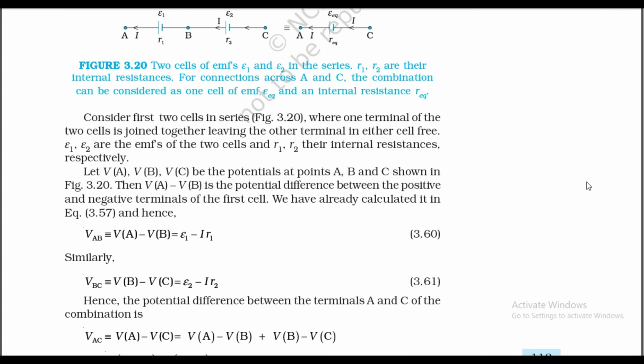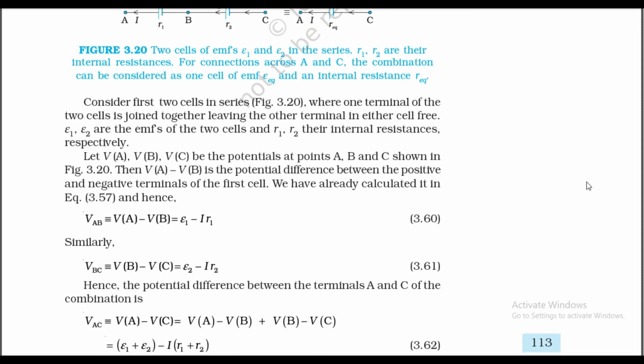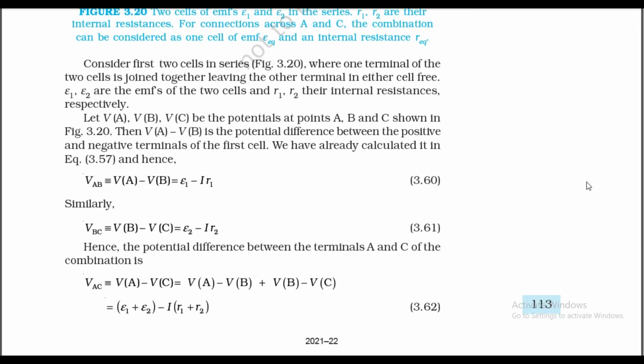Then VA minus VB is the potential difference between the positive and negative terminals of the first cell. We have already calculated it in equation 3.57, and hence VAB is equal to VA minus VB is equal to epsilon 1 minus I r1. Similarly, VBC is equal to VB minus VC is equal to epsilon 2 minus I r2.